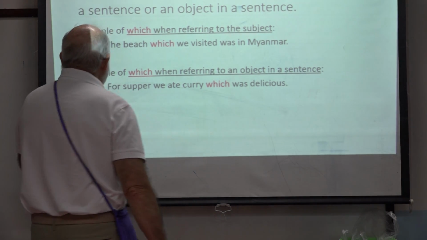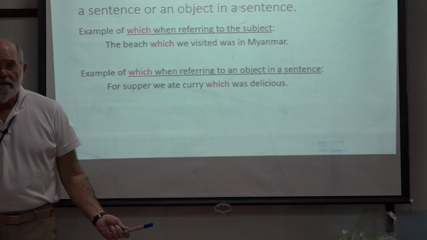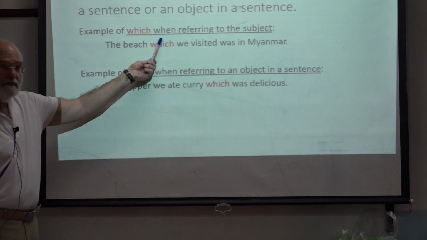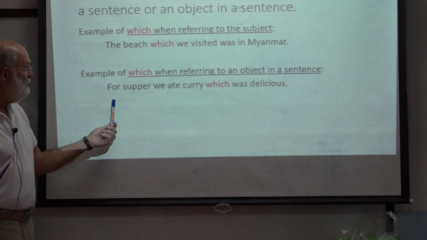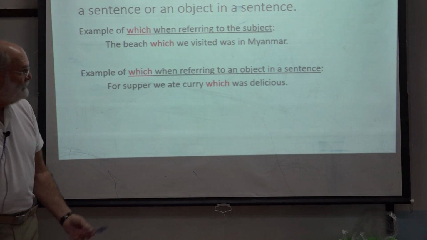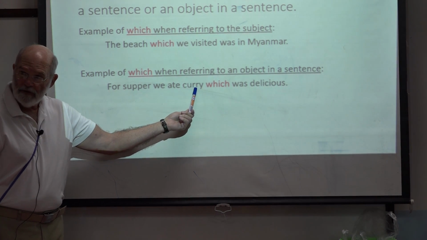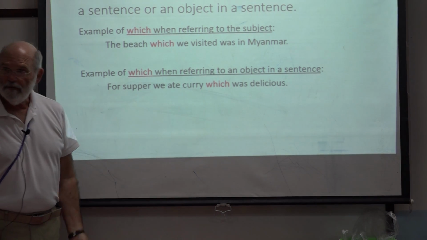So we could say the beach which we visited was in Myanmar, which is referring to the beach. For supper, we ate curry, which was delicious, which refers to curry, which is an object of the sentence.